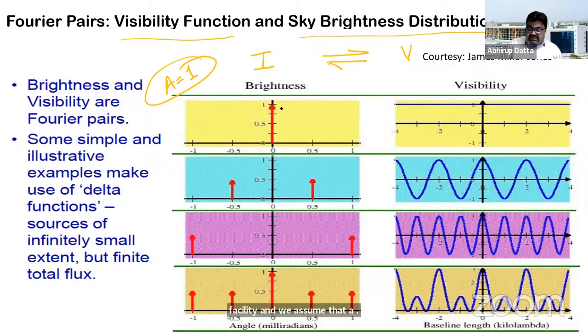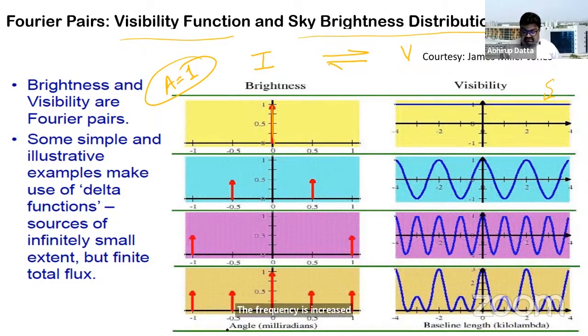Okay, so if the sky brightness is a point source, just the brightness in the center, then it becomes a DC signal, as we know by Fourier transform. We have done it earlier. If there are 2 sources over here, then it basically gives a sinusoidal function. If the 2 sources are far away, it gives a faster function because now the distance is much more, so the frequency is increased.